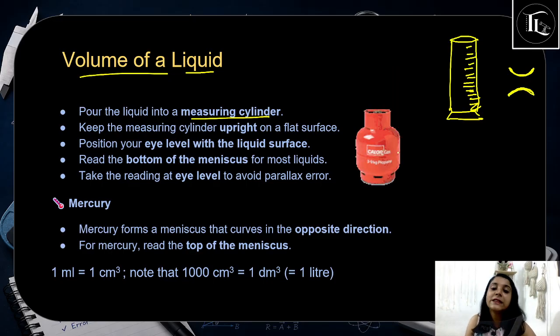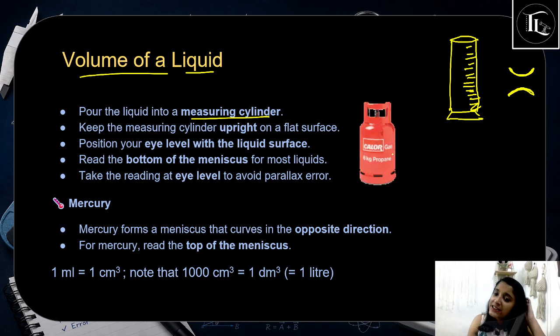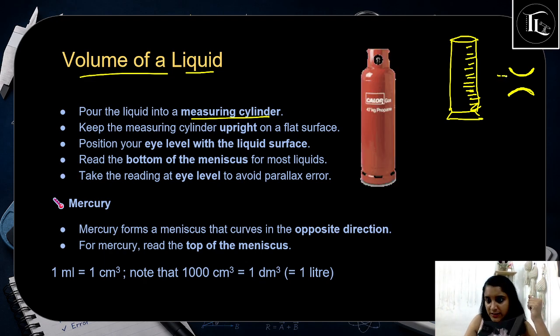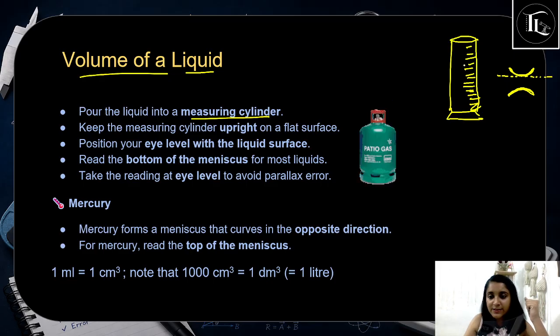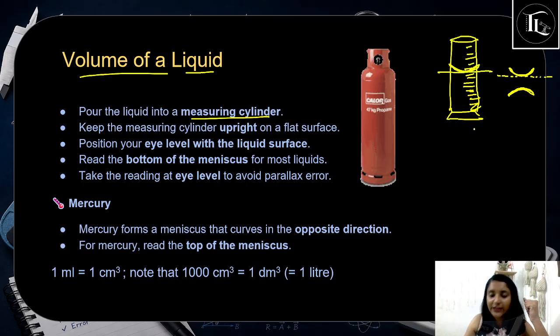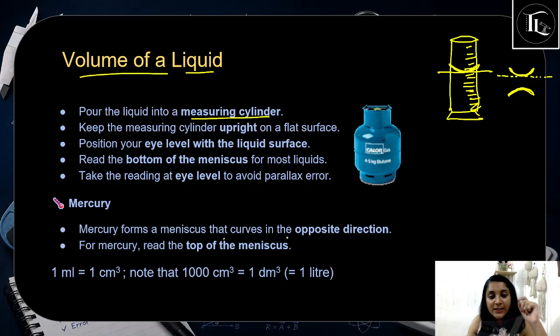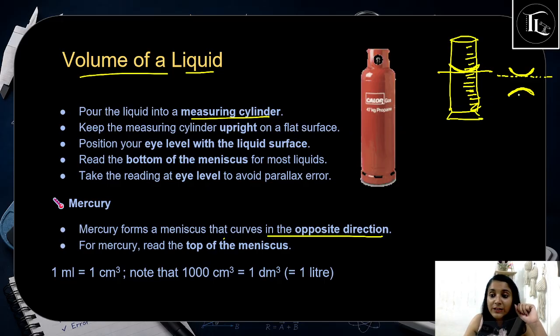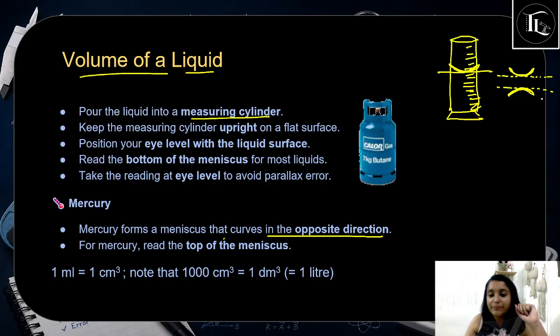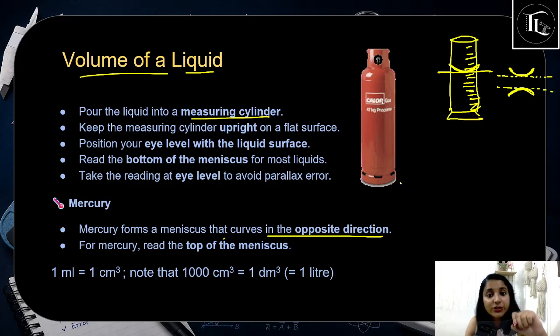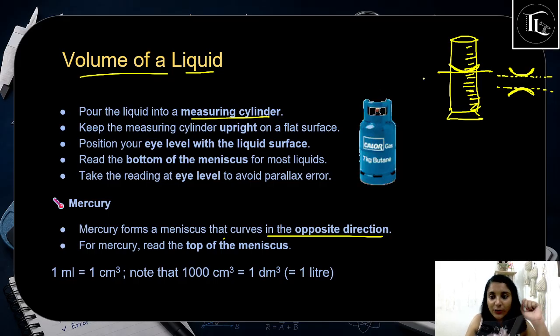This is called meniscus. For most liquids like water, we will see the lower meniscus. This one will read this; this will be the level that we will be seeing. But when it comes to mercury, mercury curves in the opposite direction. So we will see the top when we are measuring it. And whenever we have to measure the level, eyes should be here.